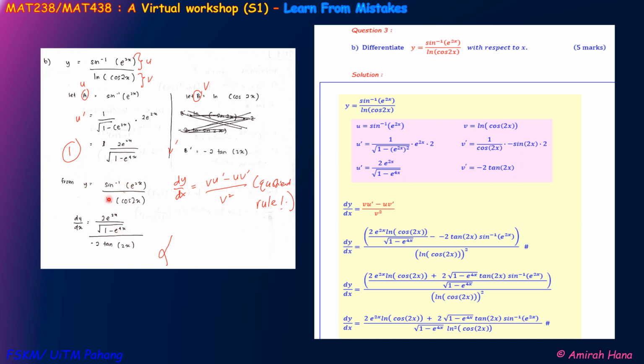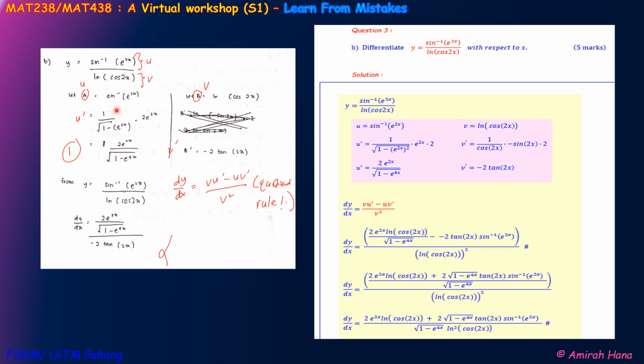Tapi tak ada pun dekat sini formula quotient rule. So basically yang ni salah lah. Cuma masa dia differentiate inverse sine e to the power of 2x, yang dia differentiate ni mula dapat 1 over square root of 1 minus 2x and then times differentiate pula e to the power of 2x dapat 2e to the power of 2x.